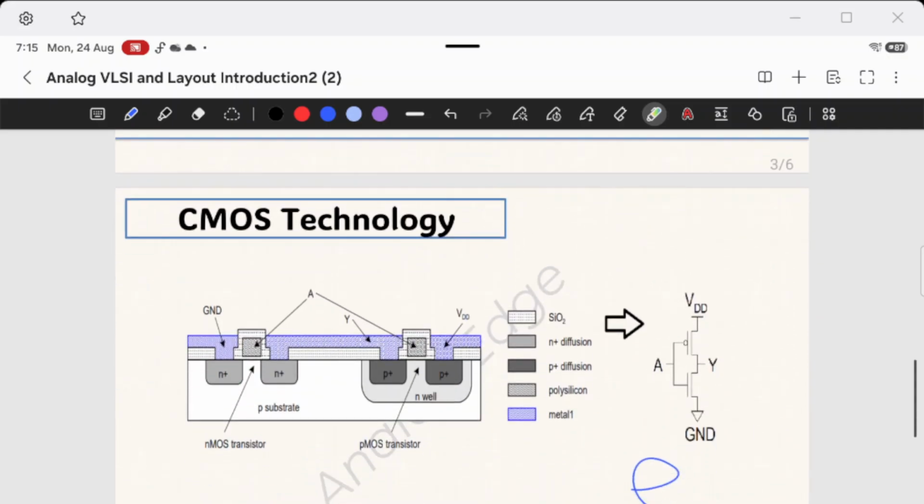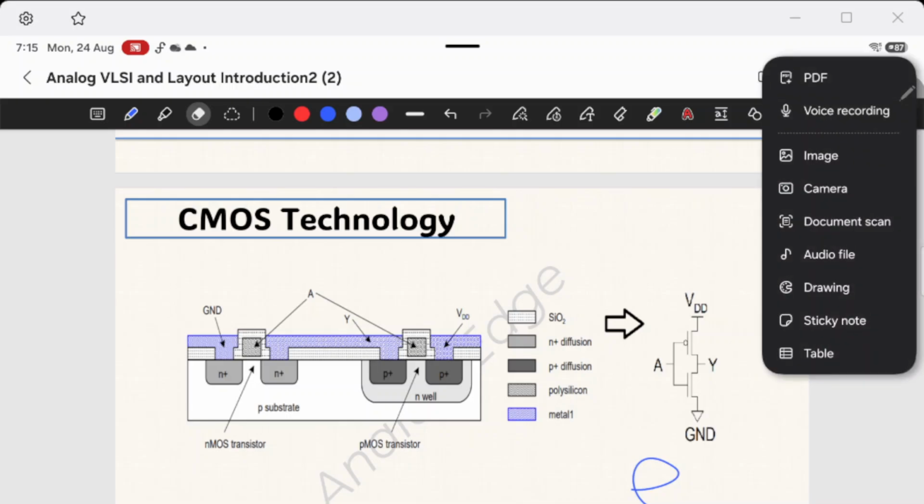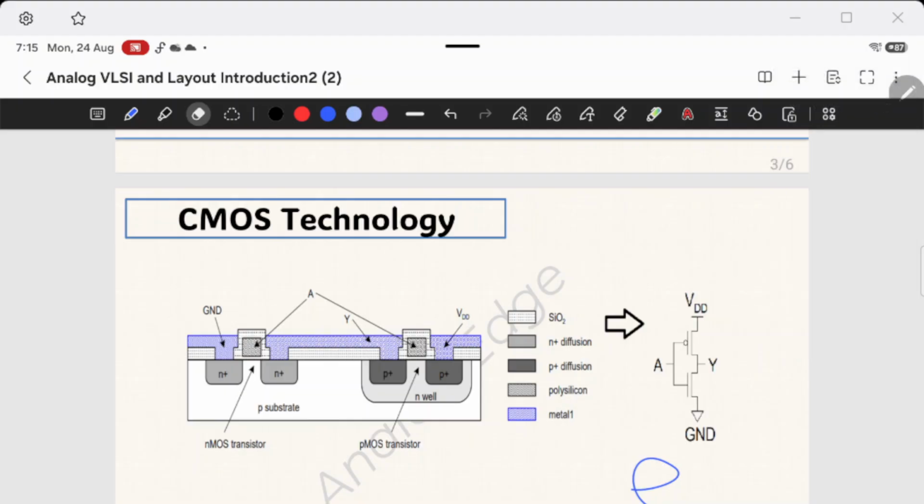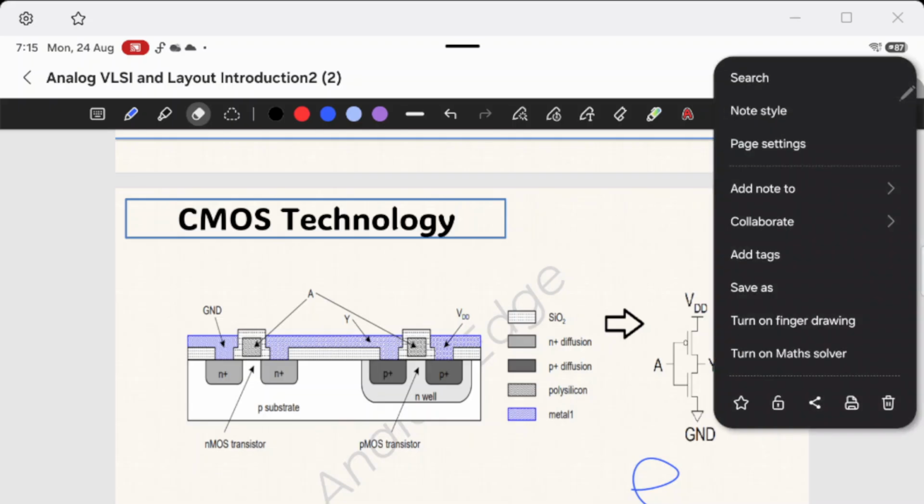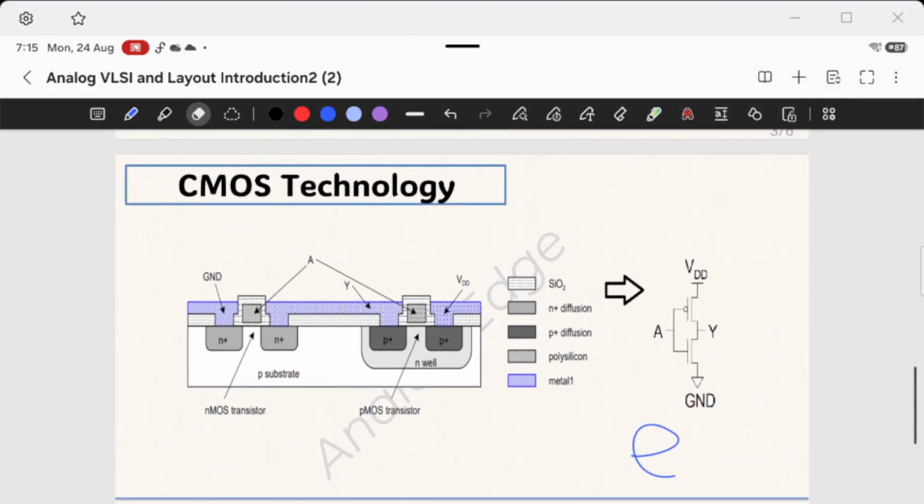Let's look at CMOS technology with an example of an inverter. We can see an inverter schematic here. It is built using PMOS and NMOS devices.